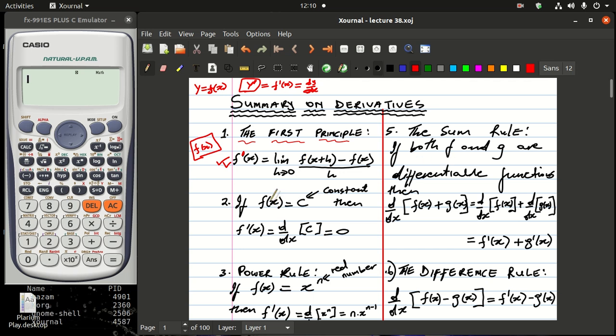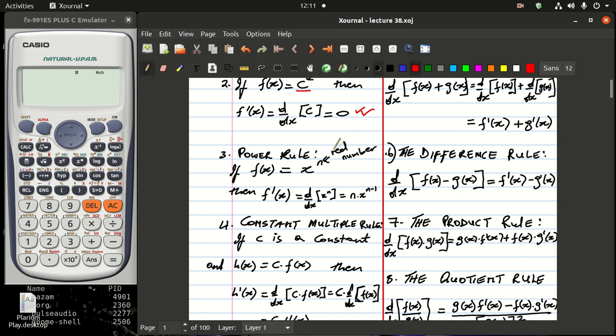And we said that if you have a function equal to some constant c, the constant can be 1, can be 5, can be 10, can be root 2, can be anything, as long as it is a constant, its first derivative is always going to be 0. That's what we said last time.